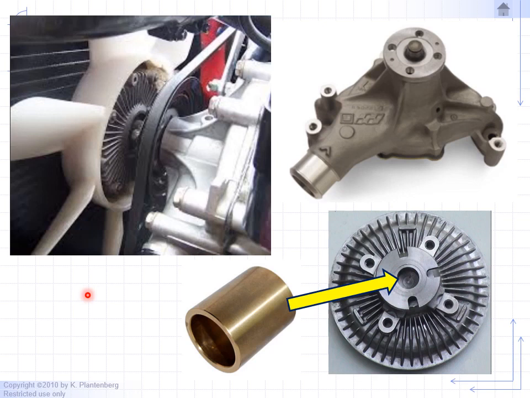When you mass produce a water pump, fan clutch, or any part, you need to give the manufacturer some wiggle room as to how far off they can be. Simple example, this simple bronze, or it can be copper, bushing. If you ask the manufacturer that you need this outer diameter to be 1 inch, for example, you have to give them some wiggle room.